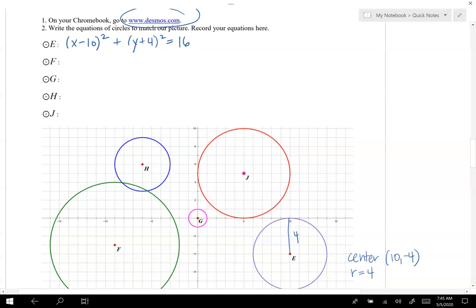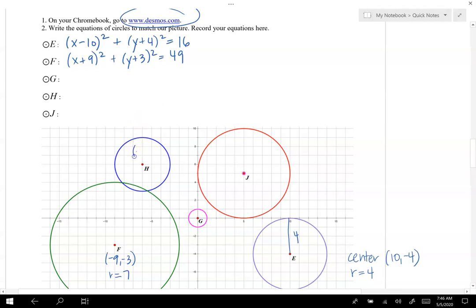All right, for circle F, its center is at -9, -3. Radius is 7. So x plus 9, because I've got to do opposite signs, squared plus y plus 3 squared equals 49. Okay? Try again for H. Oops.